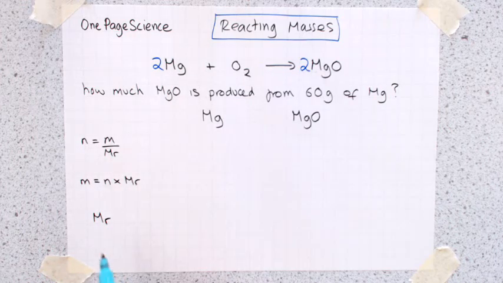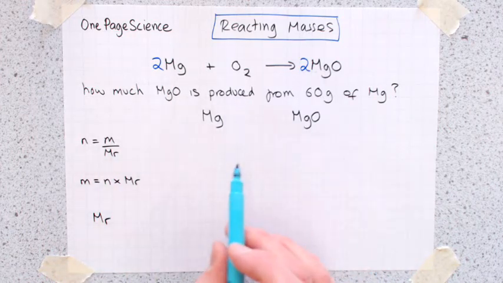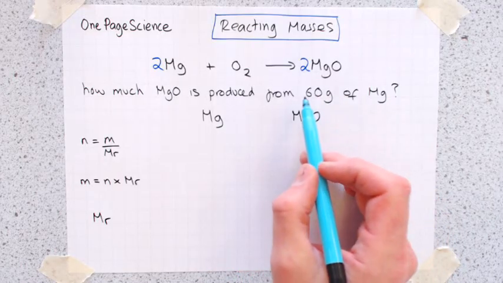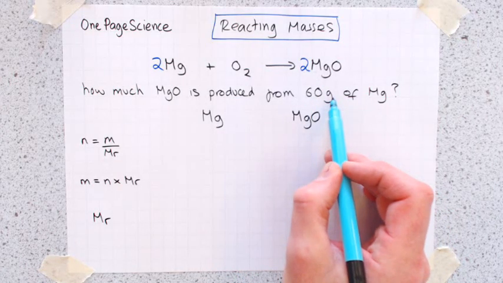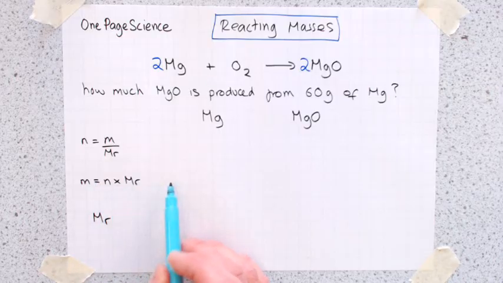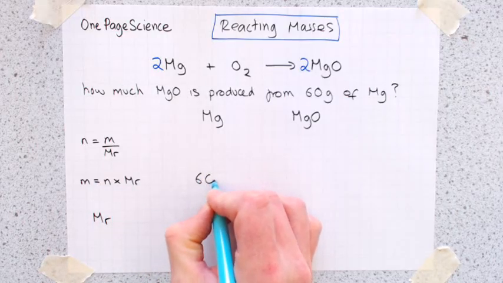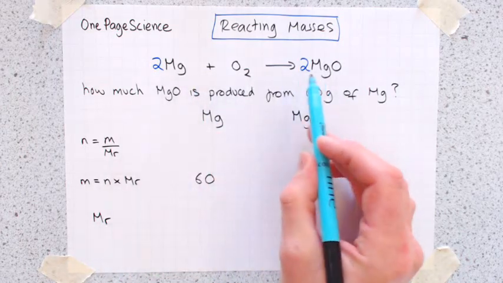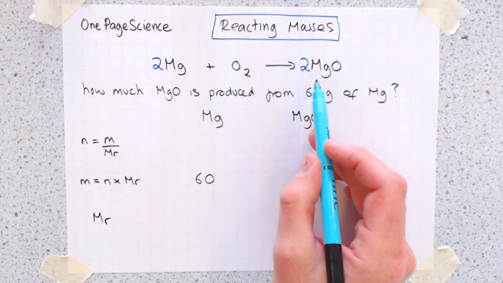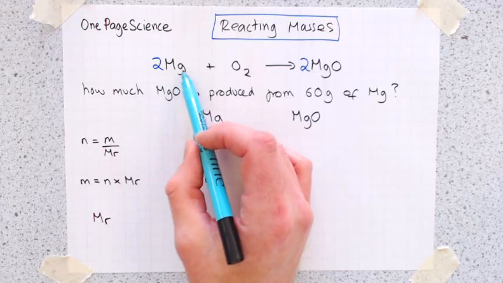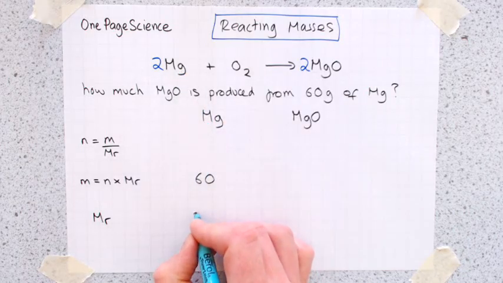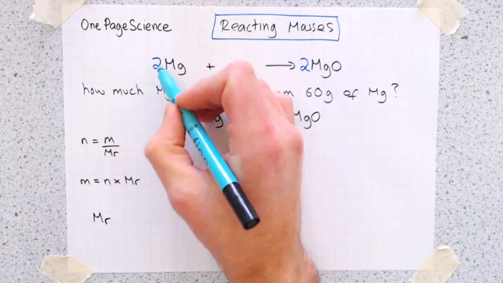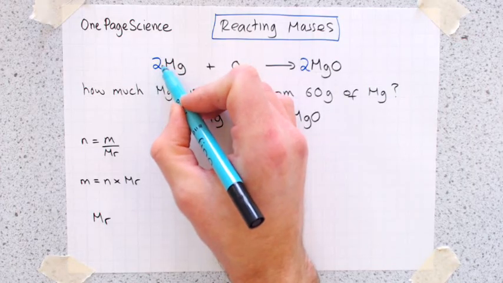Before you start, put in all the information you've been presented with in the question. You've been told 60 grams of magnesium, so we don't need to do a calculation for this one; we can just stick a 60 in there. The relative masses we can work out because we've been given the formulas, so you need a periodic table to hand. The relative mass of magnesium is 24. Again, notice we've ignored the 2 at this stage; we're going to use that later.